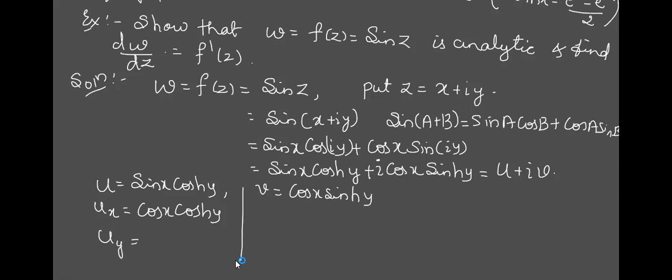Derivative of u with respect to y means which term is constant? Sin x is constant. What is the derivative of cos hyperbolic y? It is just sin hyperbolic y.